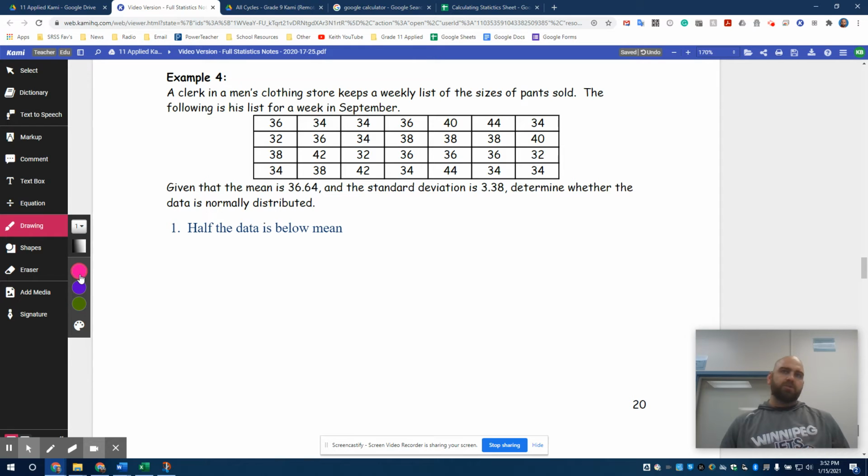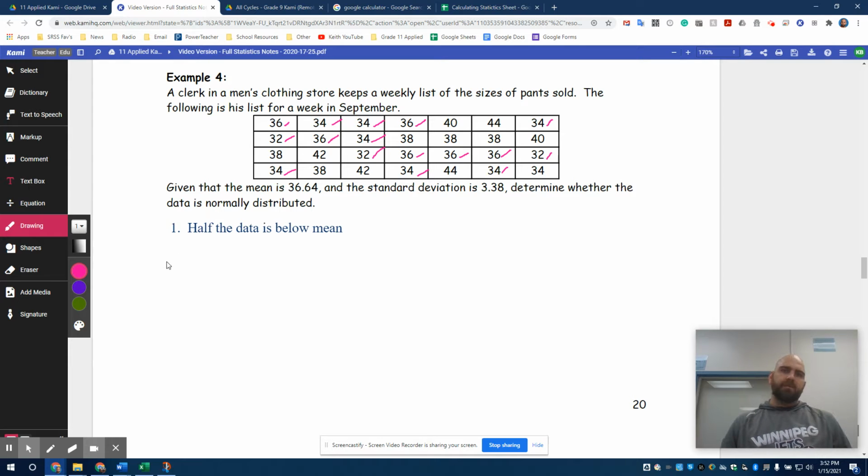I'm just going to use a drawing tool here, and we're going to look for how many of them are less than 36.64. 1, 2, 3, 4, 5, 6, 7, 8, 9, 10, 11, 12, 13, 14, 15, 16.